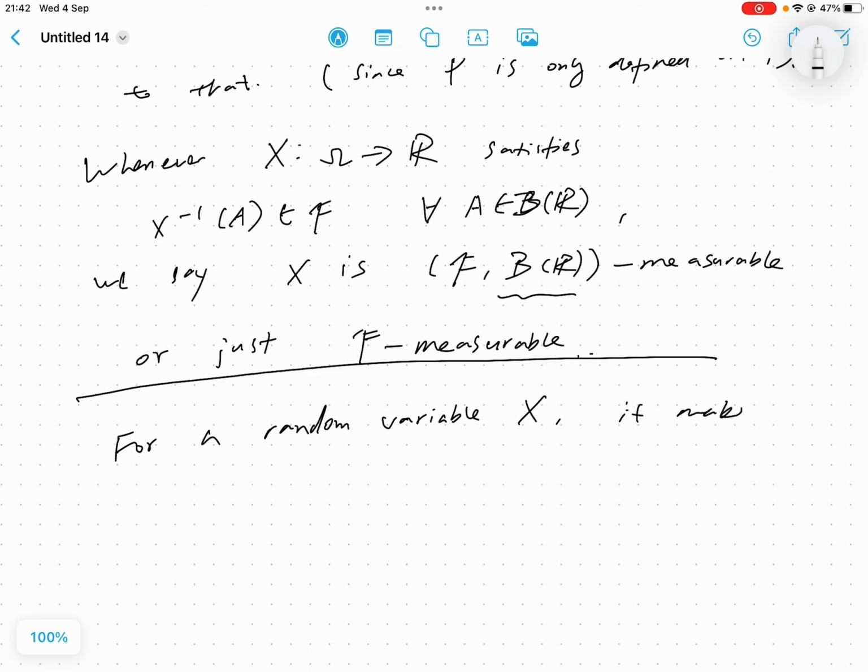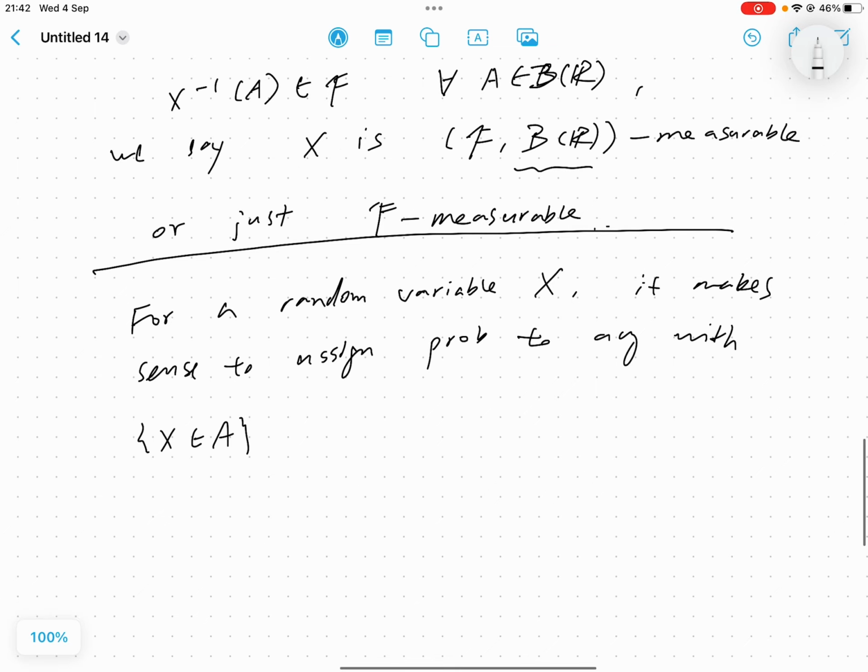So it makes sense to assign probability to any set with the form X in A that we mentioned before.